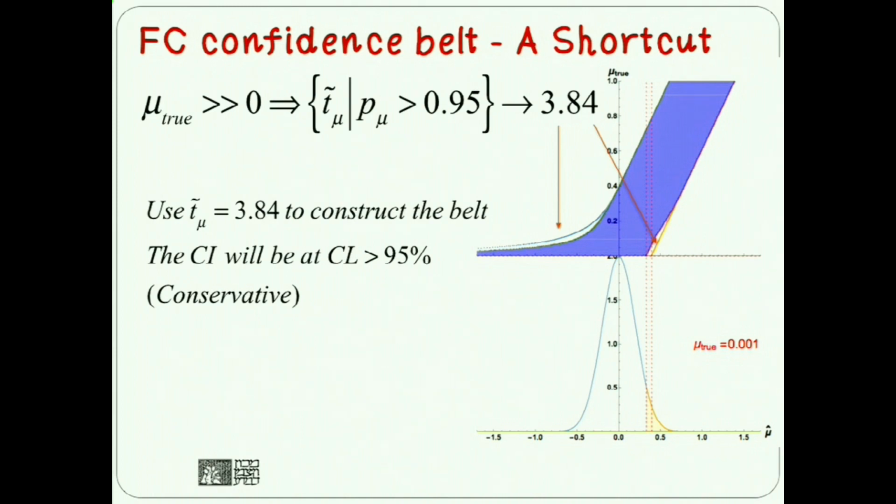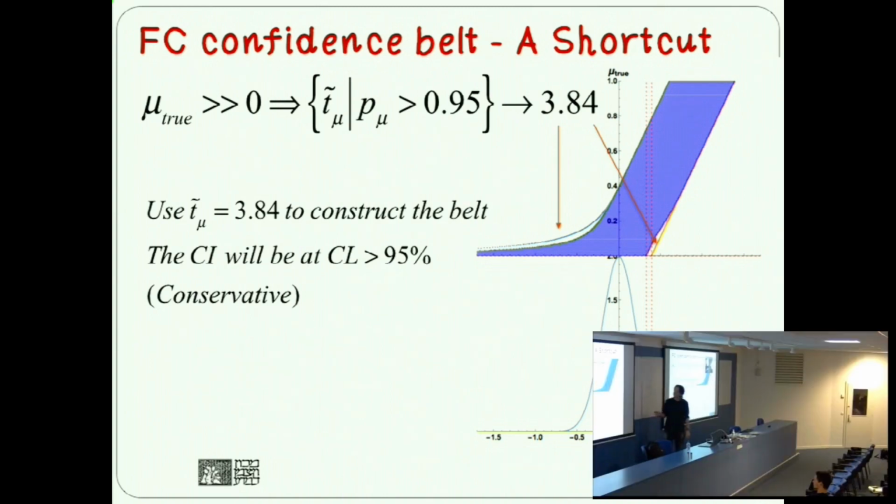So you are, in a way, conservative. So if you want to do a quick job, all you have to do is substitute t tilde mu equal 3.84, build your belt, and this is it. It was just a side comment that we noticed.